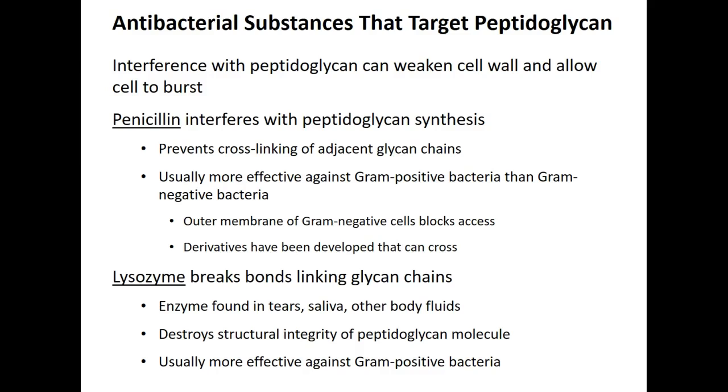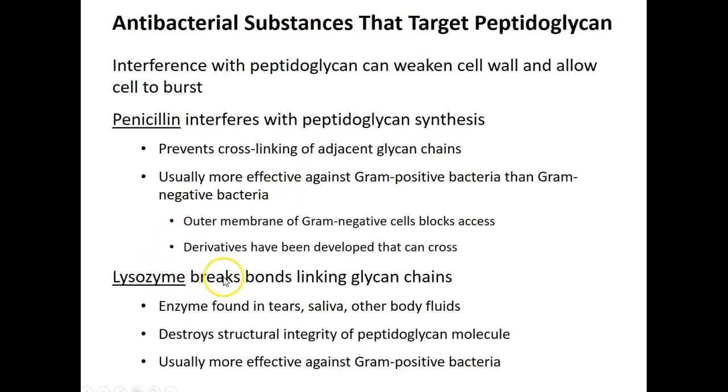Remember, it's a thick layer of peptidoglycan. There's no peptidoglycan in the outer membrane of the gram-negative cell wall. So the gram-positive cell depends heavily on peptidoglycan for protection. If, as penicillin does, you're a medication that interferes with the production of peptidoglycan, you're much more effective against gram-positive bacteria than you would be against gram-negative bacteria.